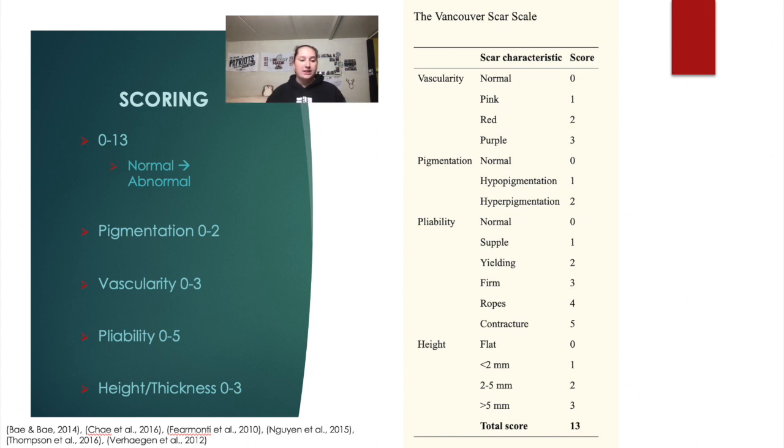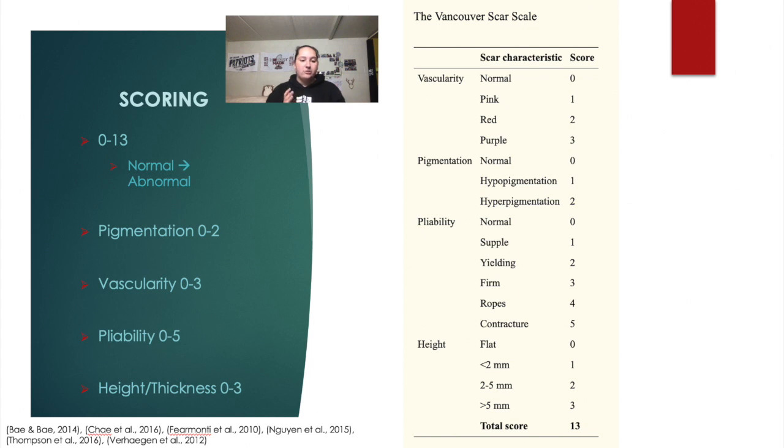And in that, you're seeing a lack of melanin, and that usually leaves scars without protection against ultraviolet radiation, UV light, which can be problematic in the long run. A lot of times you'll see this in deeper injuries. And then a score of 2 is hyperpigmentation, which means that it's darker than the typical skin.